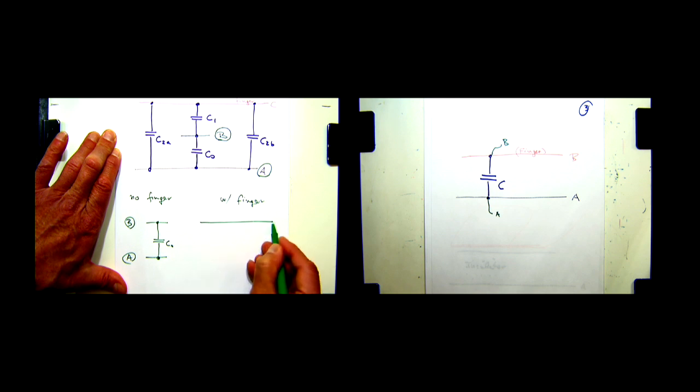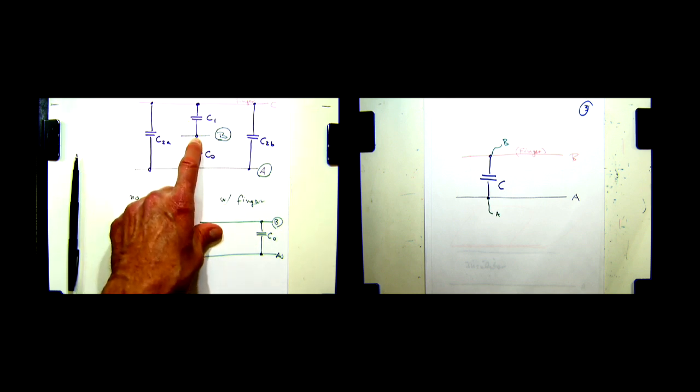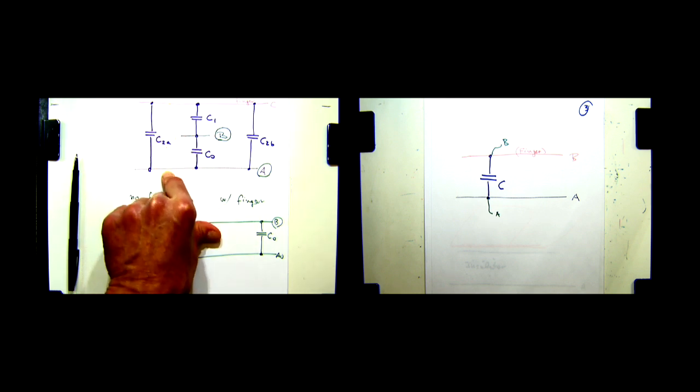Let's just draw these two electrodes, B and A, and we're going to have, of course, C0. Sometimes it helps to redraw a circuit, because it's sort of funny that the capacitor C1 goes up and then down through C2 and so on. It's hard to see which one's in series, which one's in parallel.